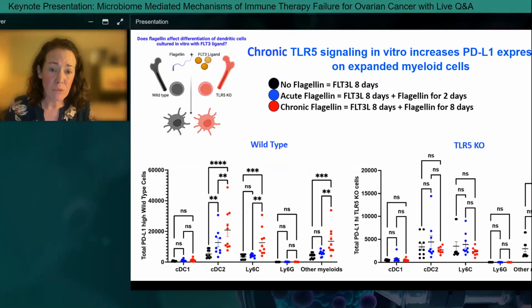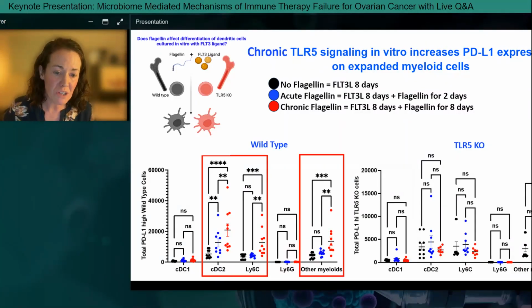Importantly, if we look at these expanding cell subsets functionally, we start to observe that they're exhibiting high levels of PD-L1 expression, indicating that not only are we expanding the cells that you don't want there, but they are becoming suppressive. They're expressing high levels of PD-L1, which is potently suppressive for T cells.